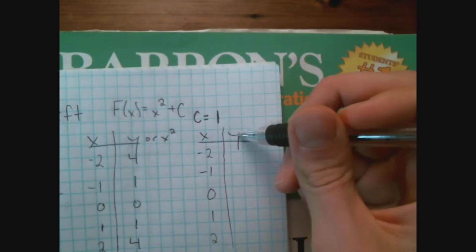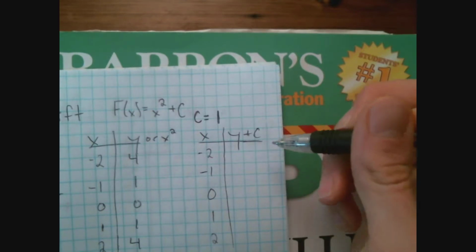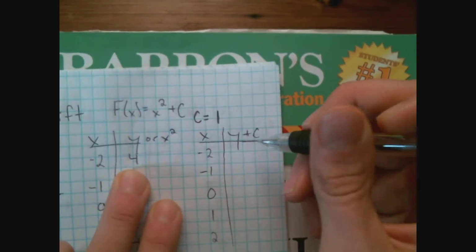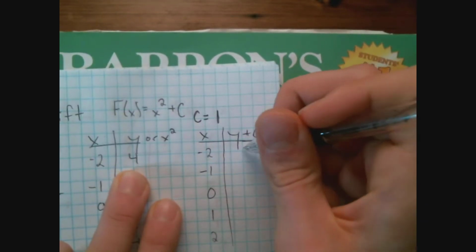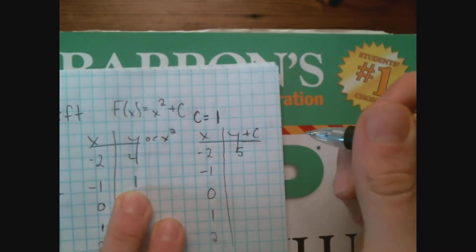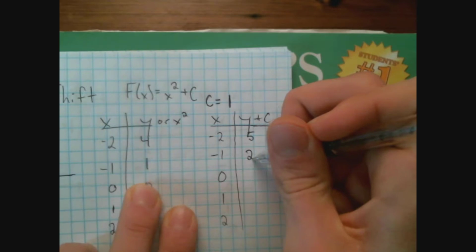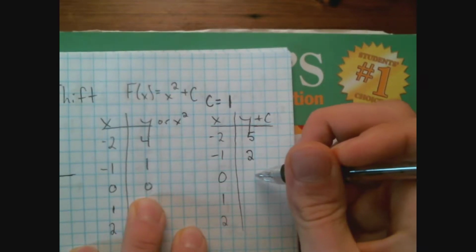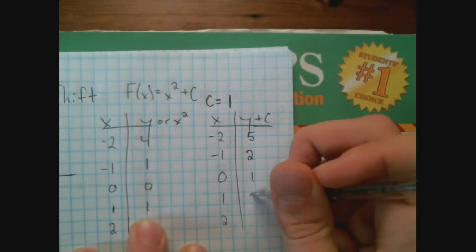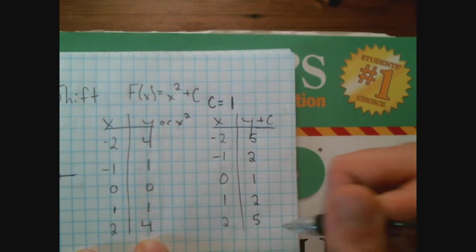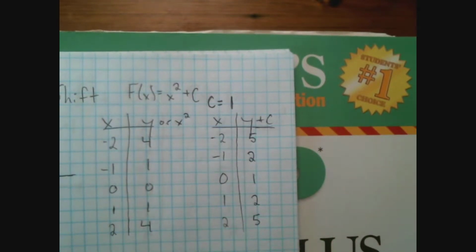So here we just take x squared and add C. So we do 4 plus 1 is 5. Then we do 1 plus 1 is 2. 1, 2, 5. So there's our shift.